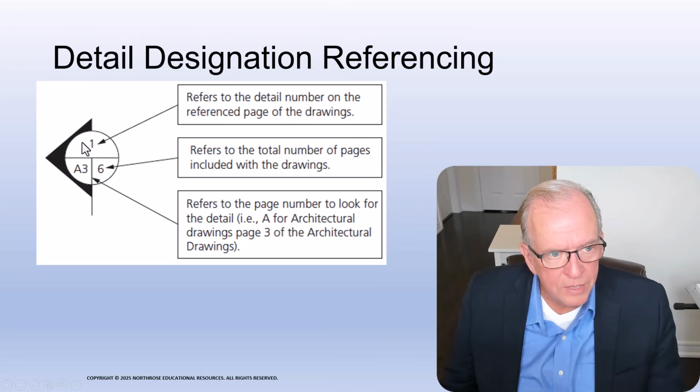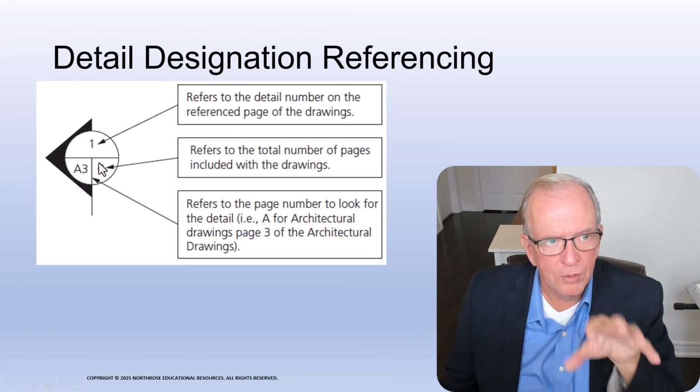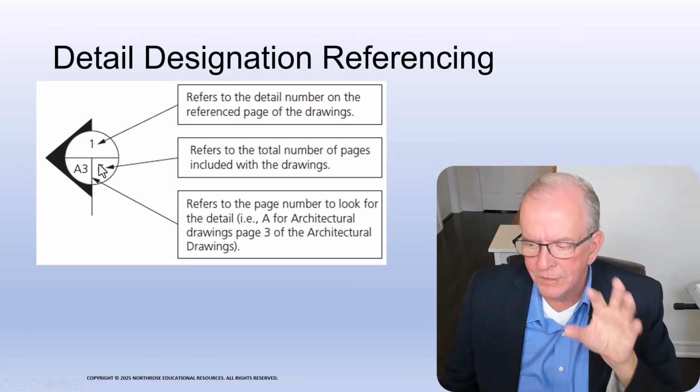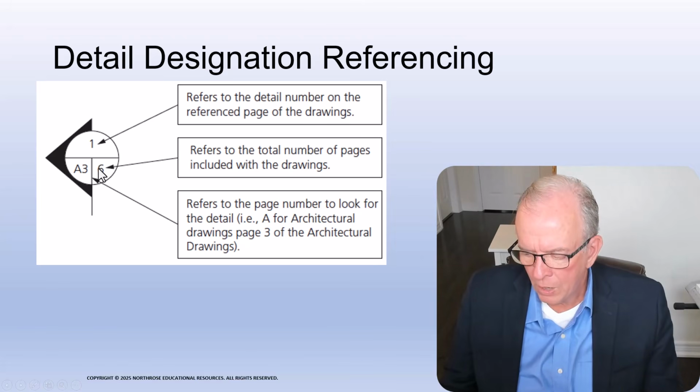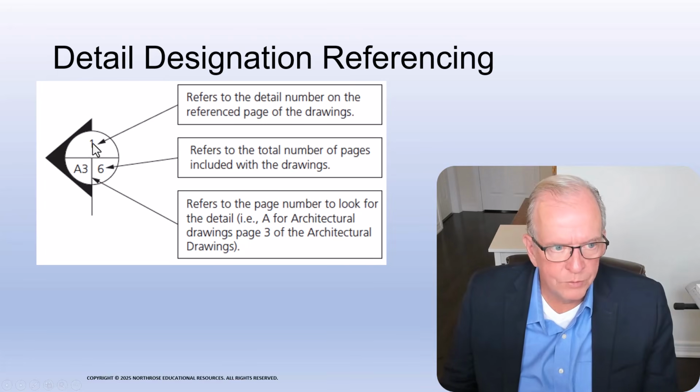Okay, well then this means that this would be detail number 1 on page A3 of 6 pages of architectural drawings, right? There may be slight differences, but once you figure out how that designer does it, you'll find it's very, very helpful for you. So 1, A3 of 6.